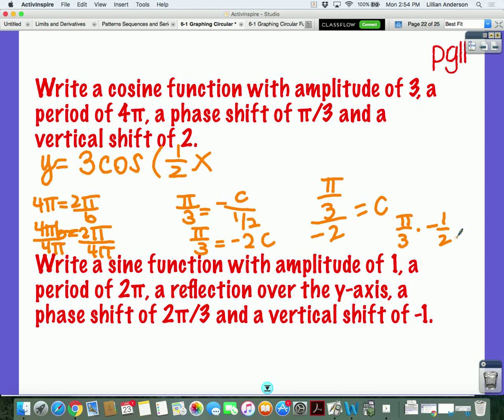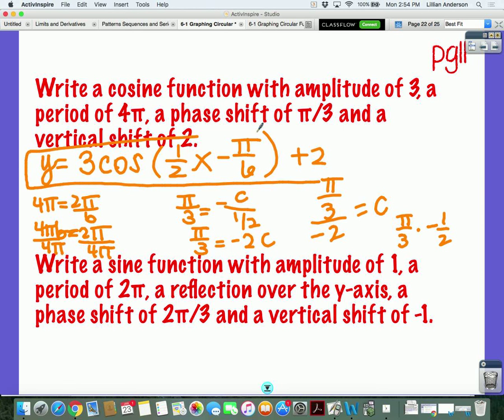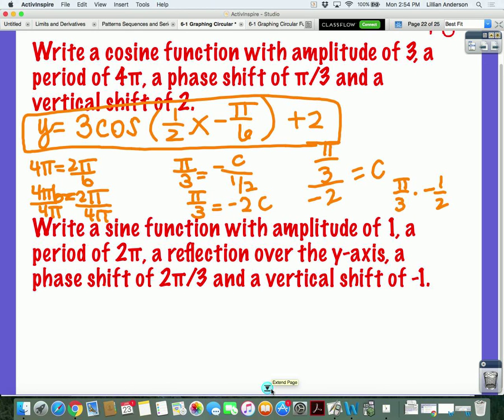So what's c? Do we have a d? Questions? Any questions at all?